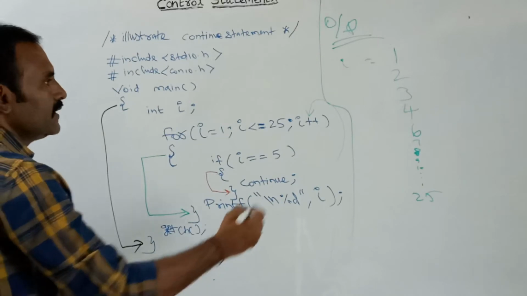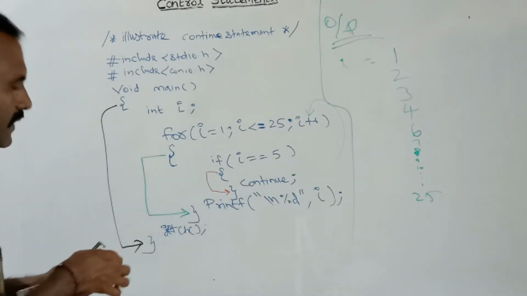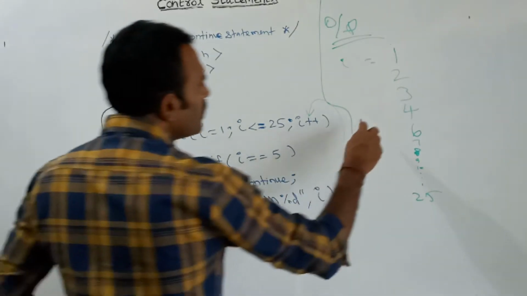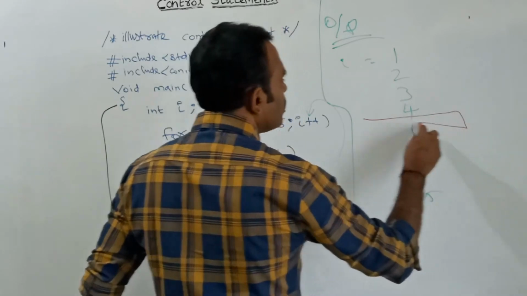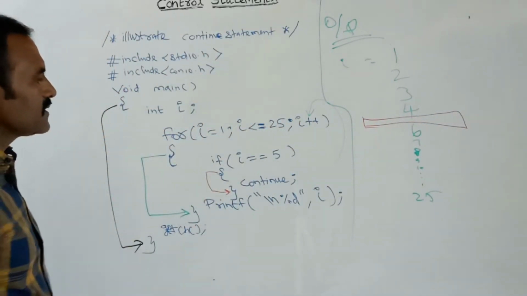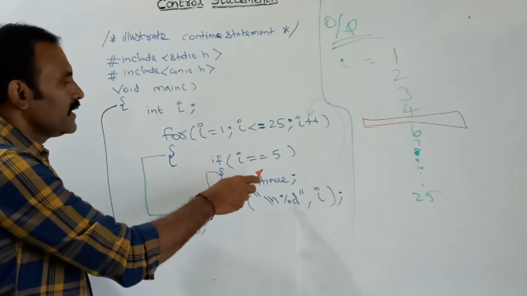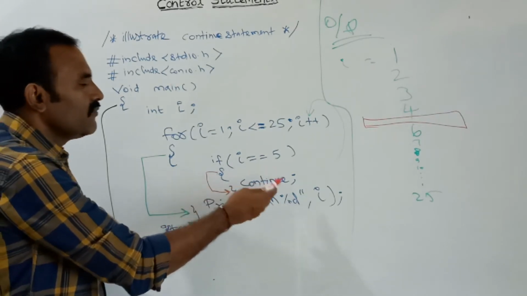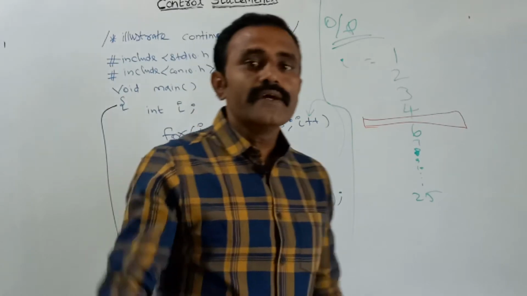So see this: in the fifth iteration, the value 5 will not print, because the continue statement takes the next iteration value and goes to the next iteration.